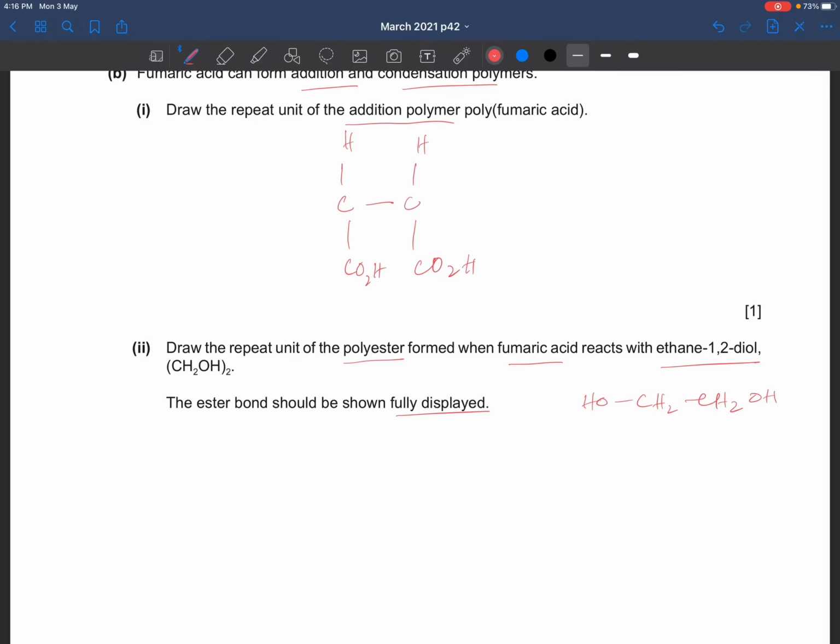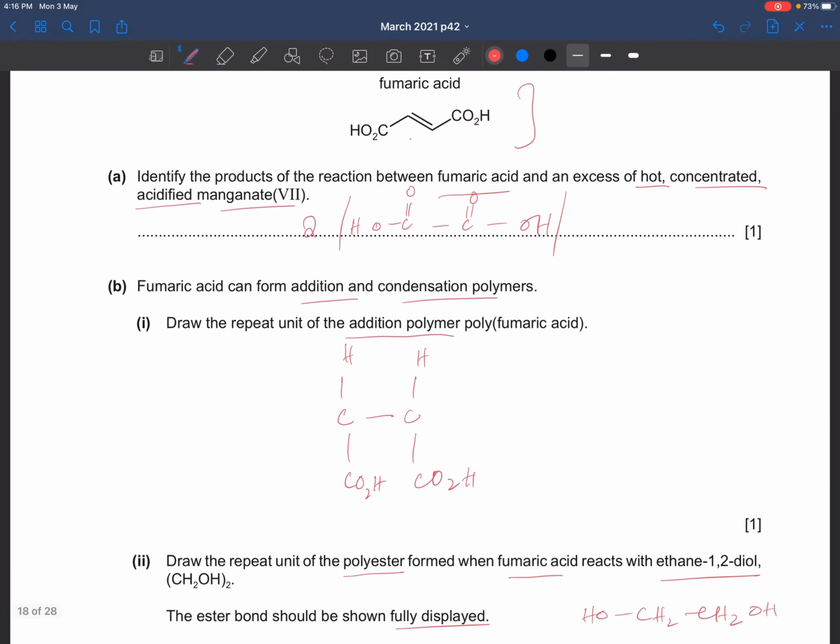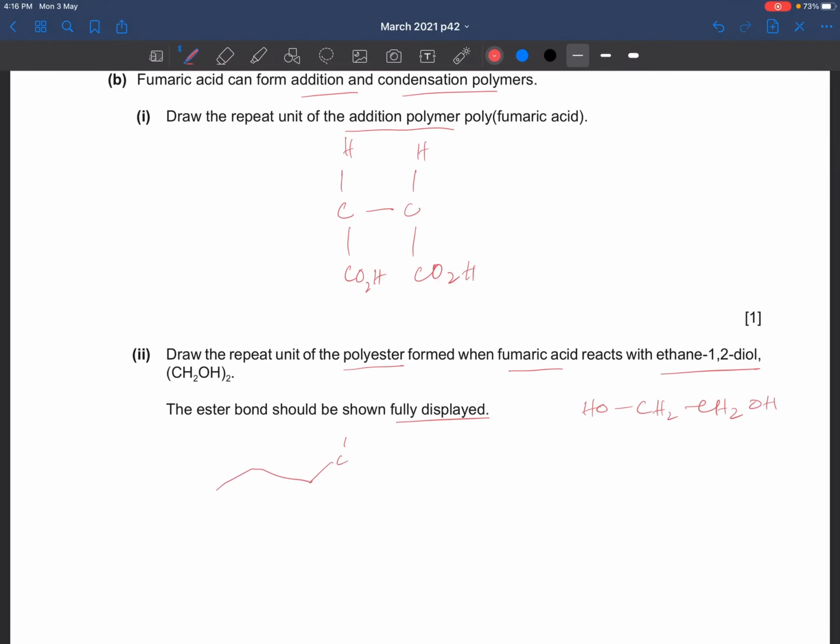So let's say we have this fumaric acid, COOH, COOH, and ethane diol.